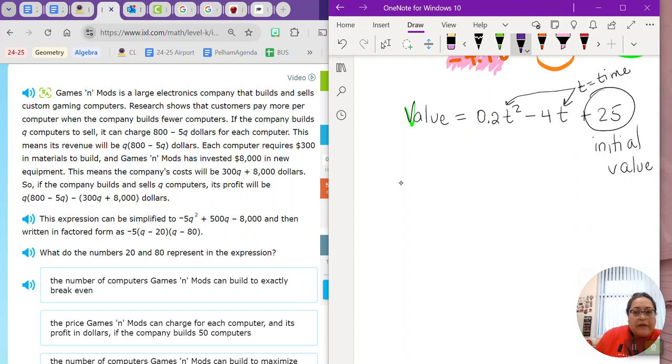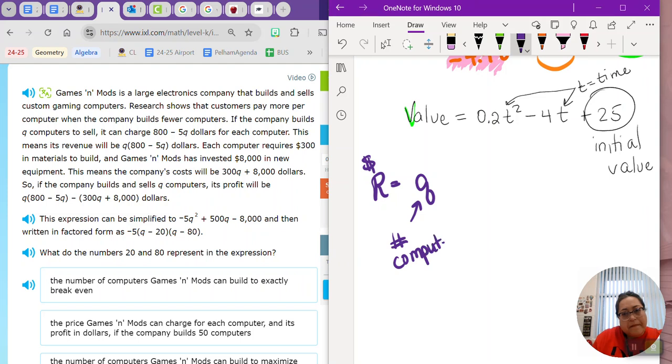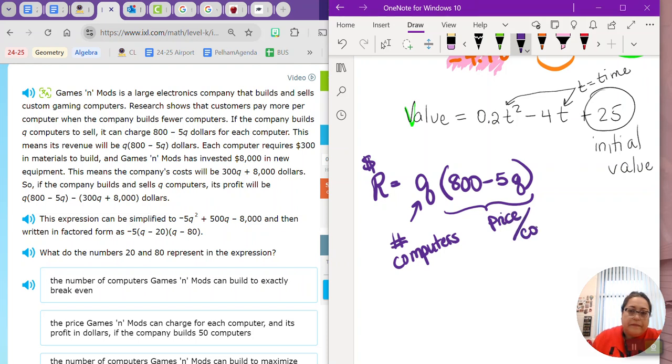So that means the revenue, or how much money they make, is going to be Q, number of computers, times 800 minus 5Q, and this is the price per computer. So when you multiply, computers will cancel and you'll be left with price, which is money.